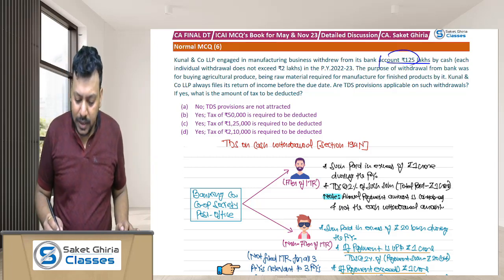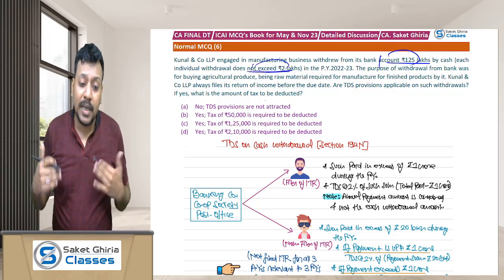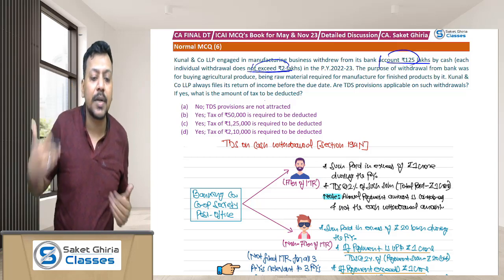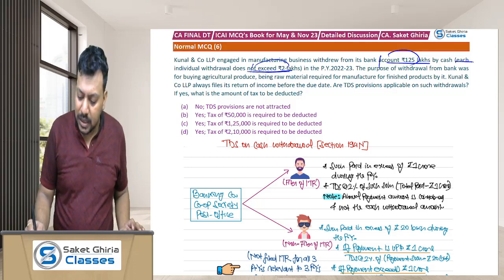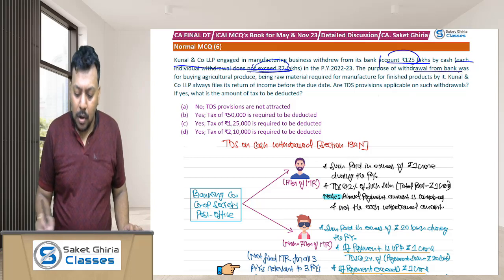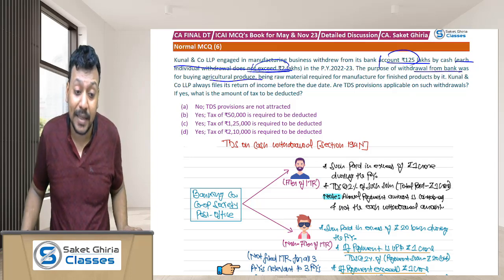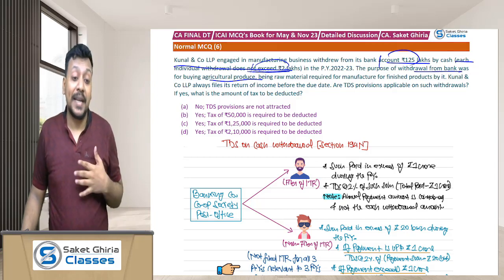Okay, but sir, here the words are mentioned that the individual withdrawal does not exceed rupees 2 lakh. There is no criteria of any kind of individual withdrawal limit for the applicability or non-applicability of section 194N. So these words in bracket are totally irrelevant. But sir, the purpose of withdrawal was buying agriculture produce. Dear friends, if you are buying agriculture produce for manufacturing, you are not subject to the 194N exception.